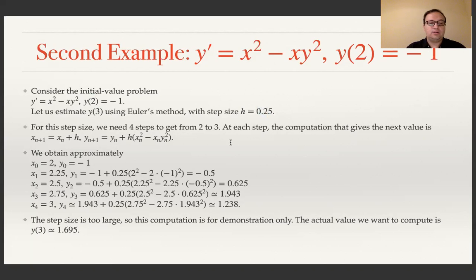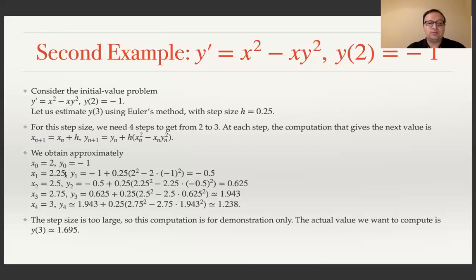Okay, so the computation that gives the next value at each step is, the next point, xn plus 1, is xn plus the step size. So we start with 2, the next point will be 2.25. After that, the next point will be 2.5, then 2.75, and then 3.